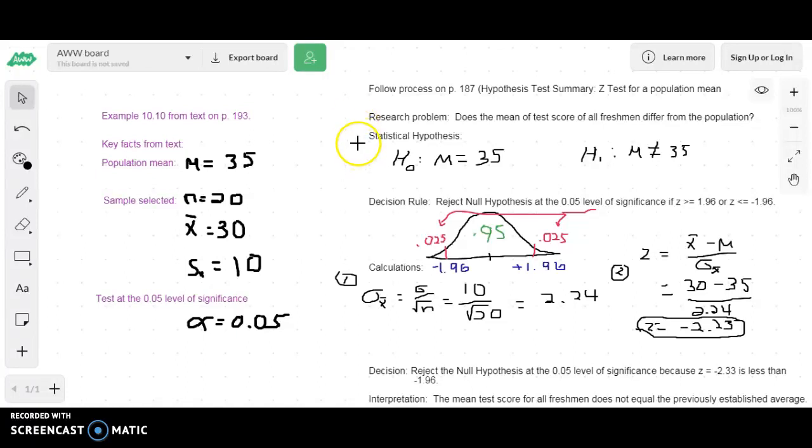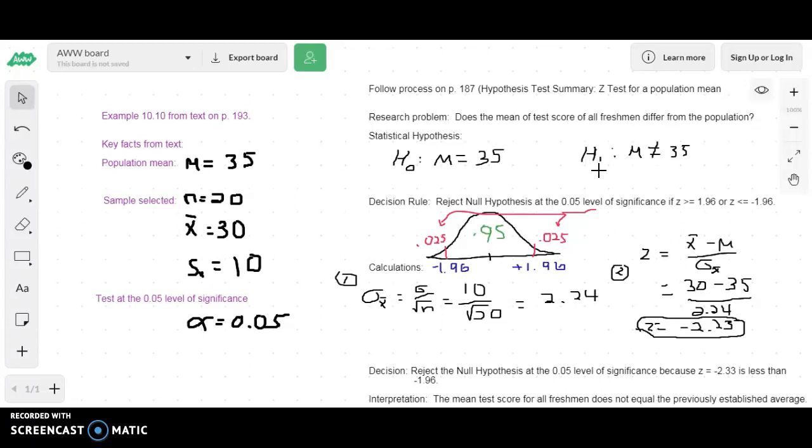So our statistical hypothesis is this. The null hypothesis is always going to be the previous information, the population mean that we had previously. So the null hypothesis is mu is equal to 35. Then our alternative hypothesis is usually established by the research question.